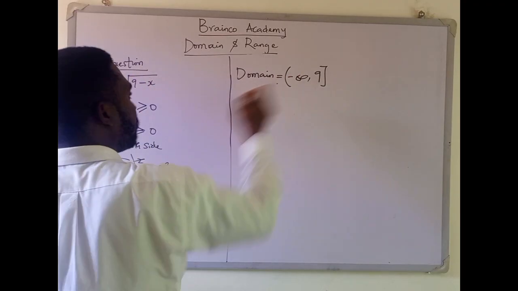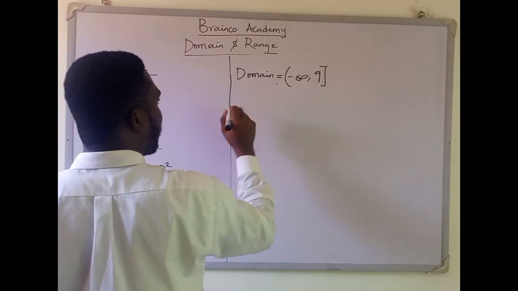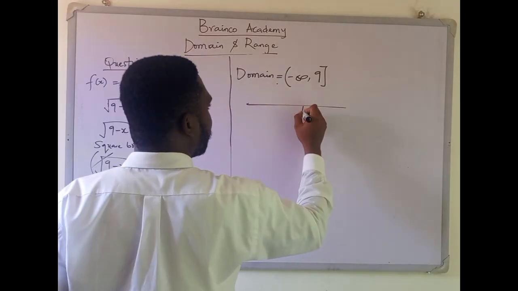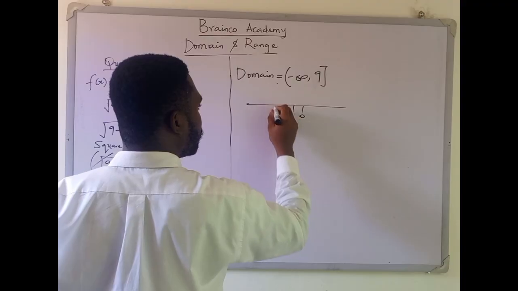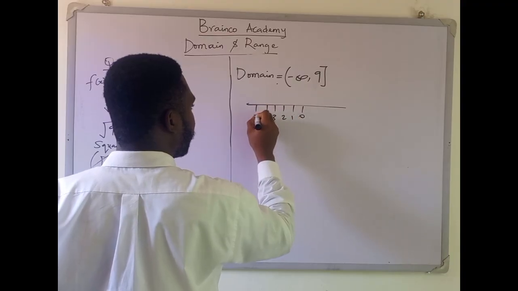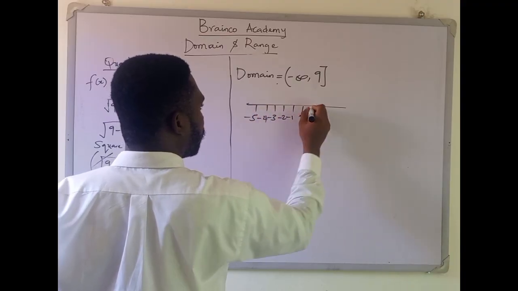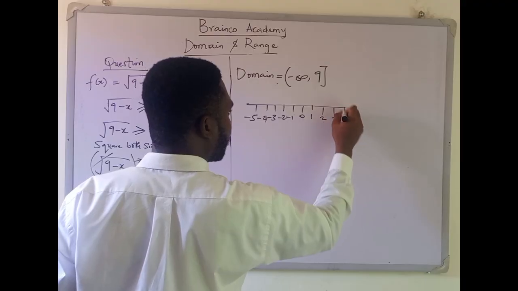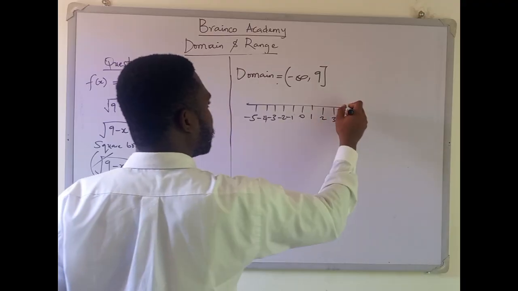Now, we say negative infinity. Let's say we have a number line, with numbers 1, 2, 3, 4, 5 and the negatives, and so on.